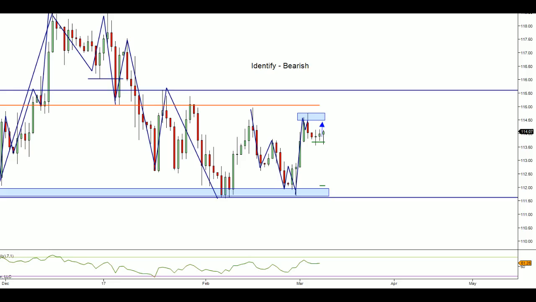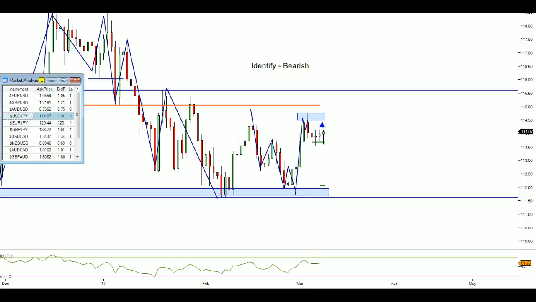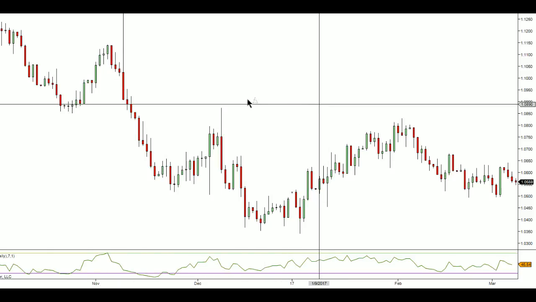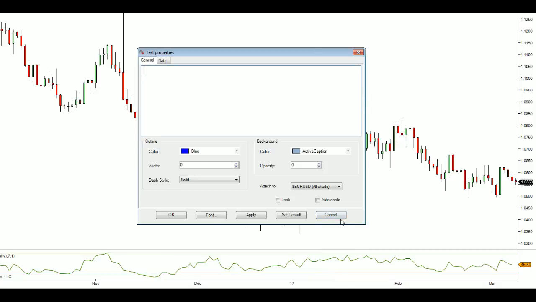Now that we've got that out of the way, let's start with the euro dollar. The first thing we need to do is identify what the market is doing.